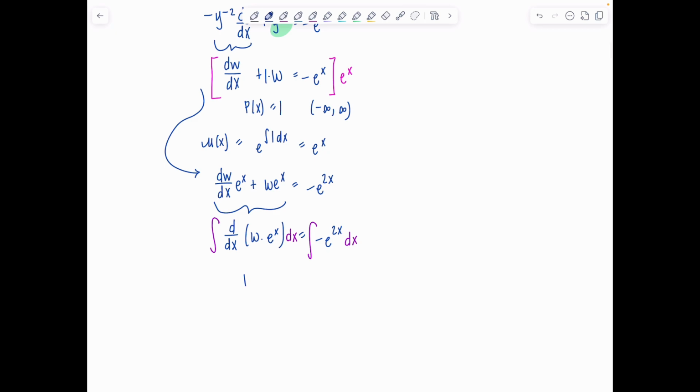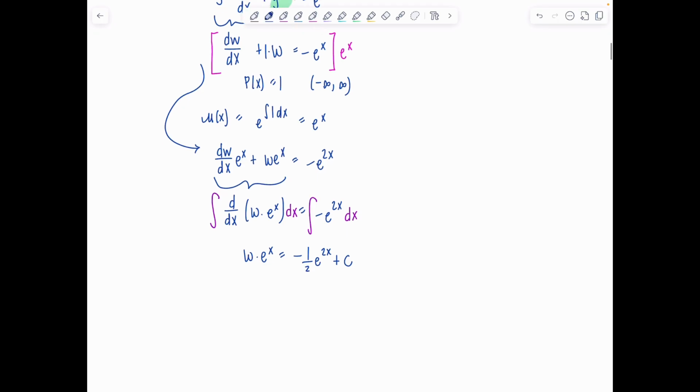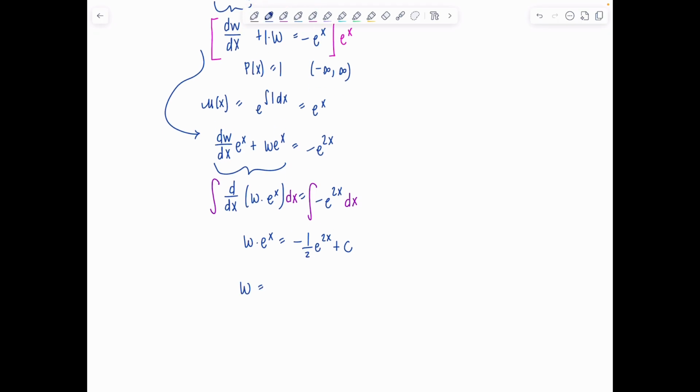Beautiful. Then we have w times e to the x equals negative 1/2 e to the 2x plus c. Okay, perfect. Let's isolate w first. So I'm going to divide everybody through by e to the x. So w equals negative 1/2 e to the 2x divided by e to the x is just going to be e to the x. And then let me write this as plus c e to the negative x for now.